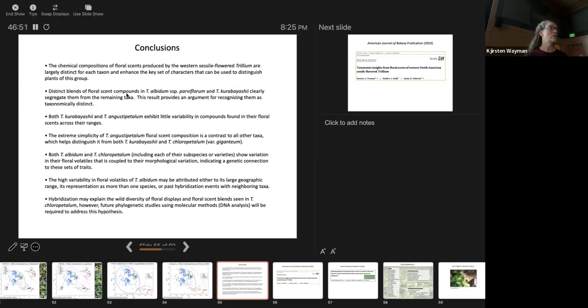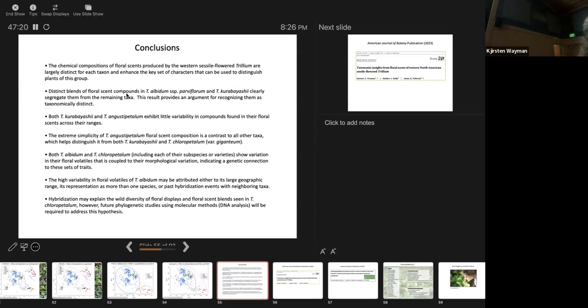So maybe we could argue that that's a unique species. We also saw very different floral scent composition for Trillium kerbiaceae. Maybe we could argue that that's a unique species. Between Trillium kerbiaceae and Trillium angustipetalum, kerbiaceae had a very complex floral scent composition, whereas angustipetalum was very simple, and they were very distinct from one another. So we could argue that those two are in fact separate species.